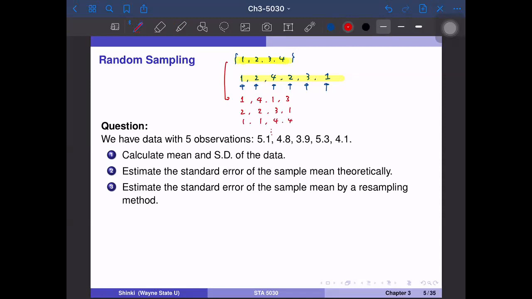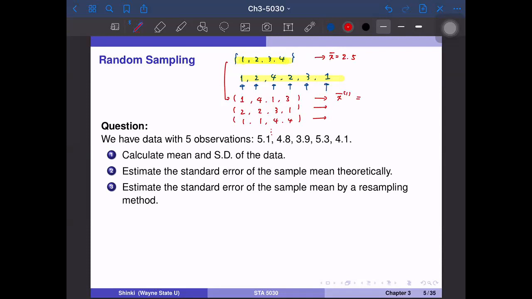So if we think about many samples by this resampling method with the same number of observations, we can evaluate, for example, the sample mean. The sample mean of the original observation is 2.5, but we can evaluate another sample mean by taking the average of these 4 observations.